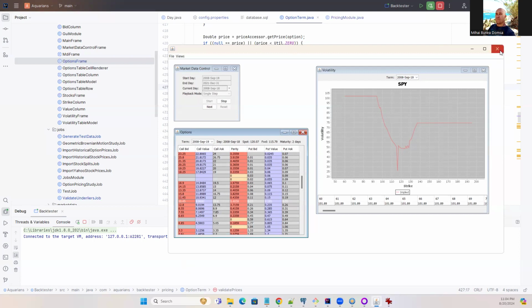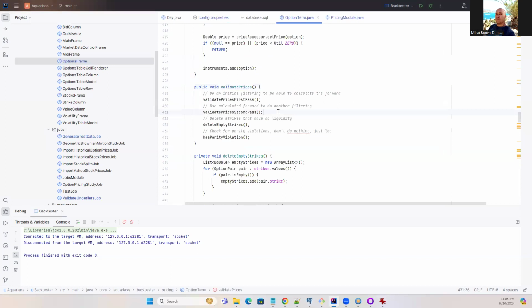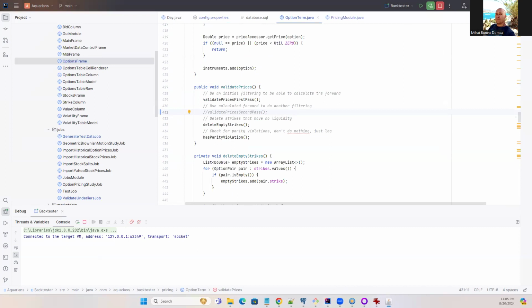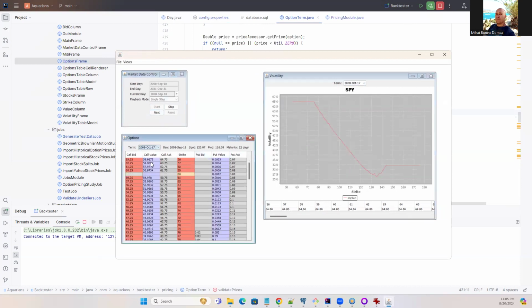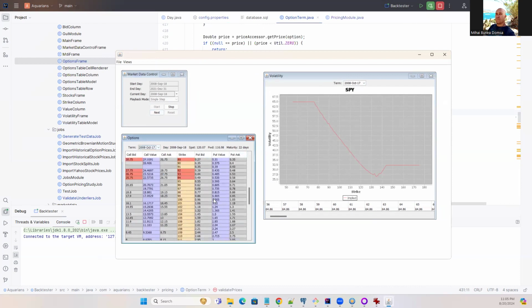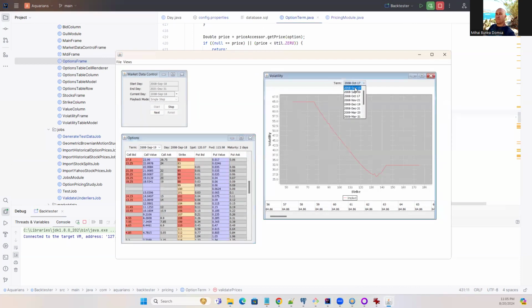Let's see what we get if we enable that. So enable validate prices. But uncomment this second pass, because I'll discuss it later, and see how it looks now. This was October 17, the first one.